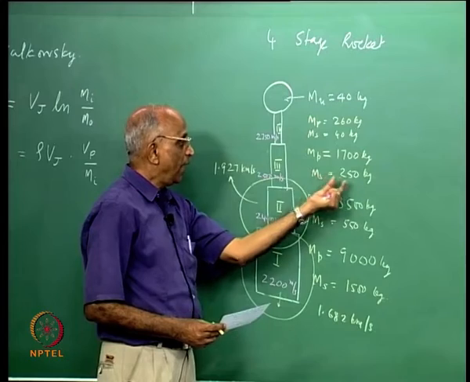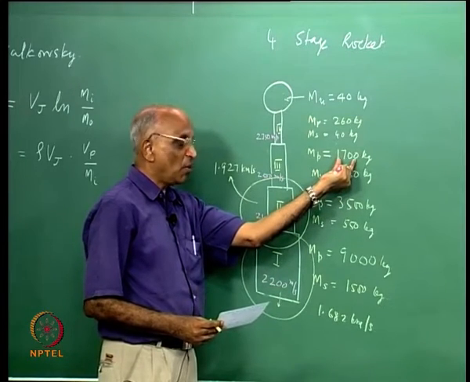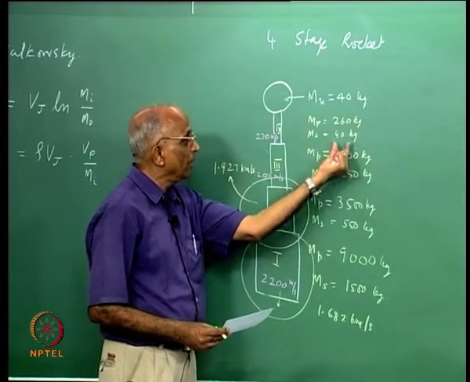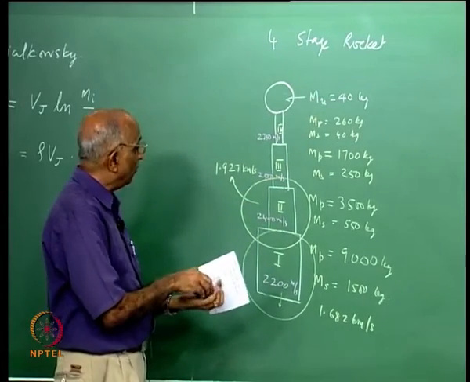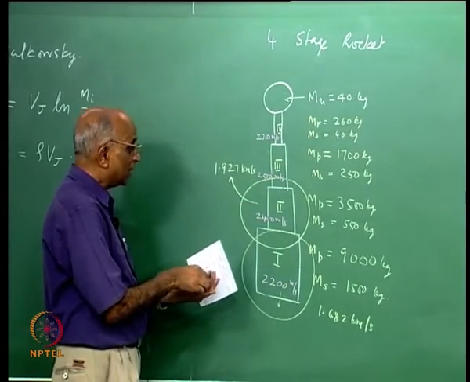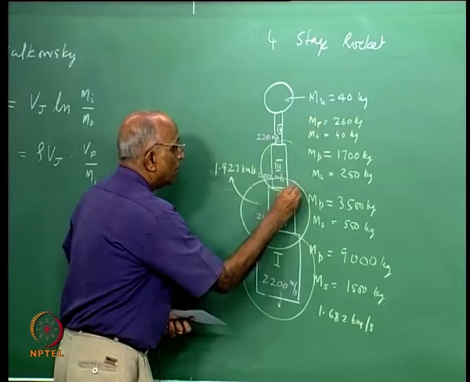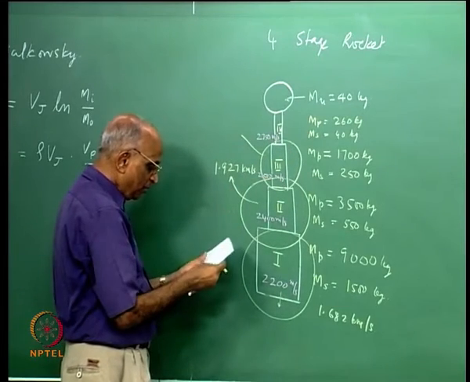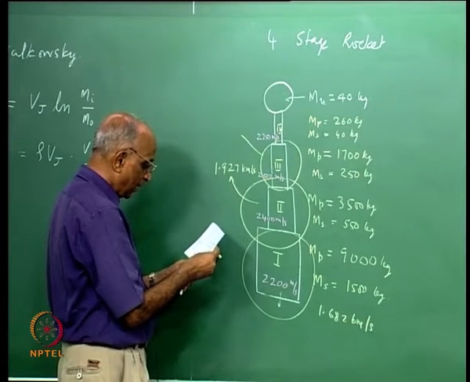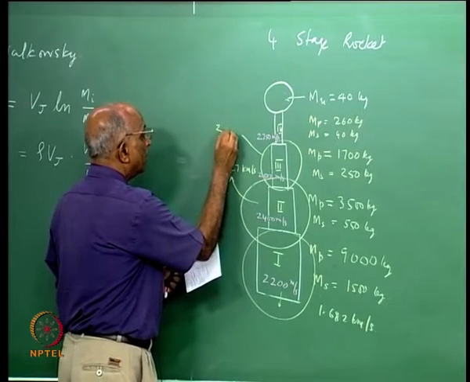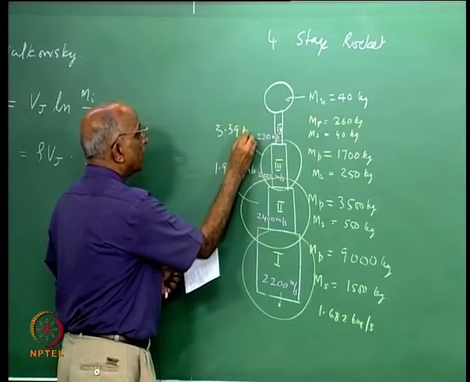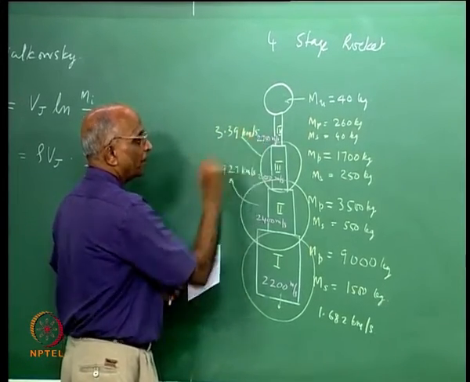At the end I have depleted this amount of propellant, I am left with 250 plus 300 plus 40, which gives me a velocity of, let's put this over here, a slightly higher velocity of something like 3.39 kilometers per second.